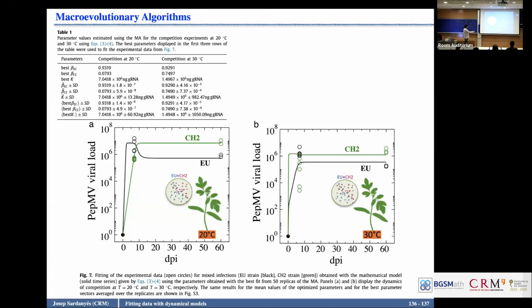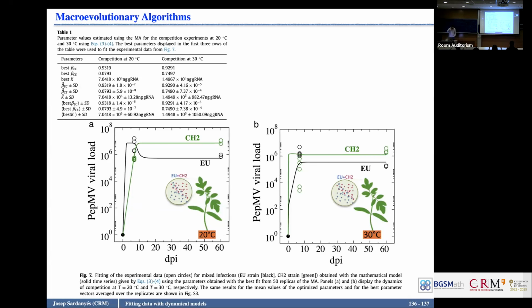These are the experimental points. So we see that the competition at 20 degrees is much higher from C to E than from E to C. And this is why CH2 dominates. And here it's not so different.